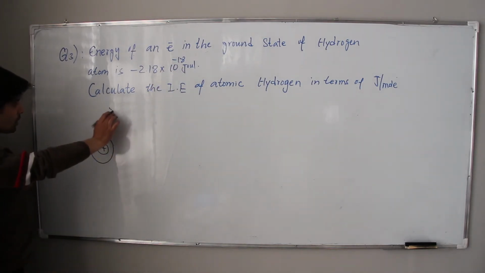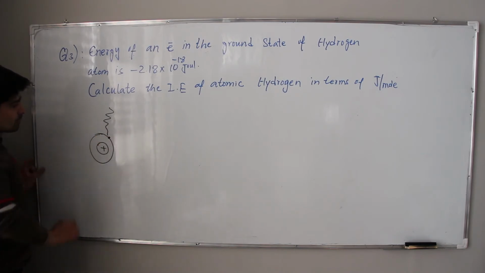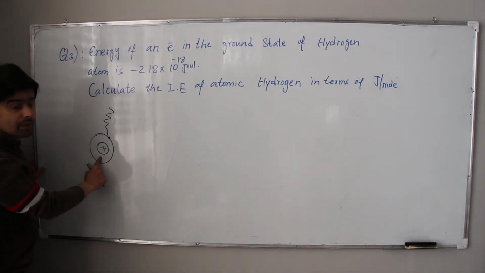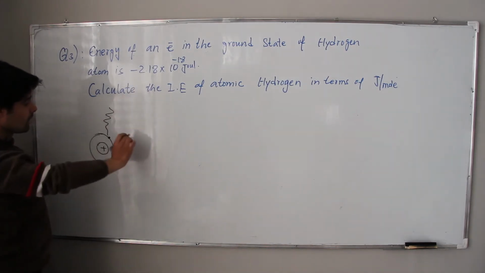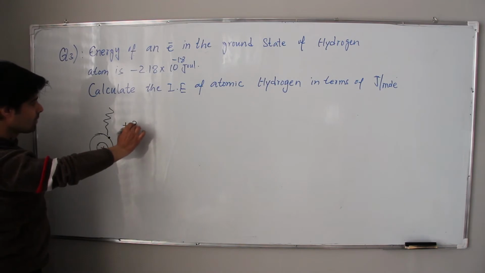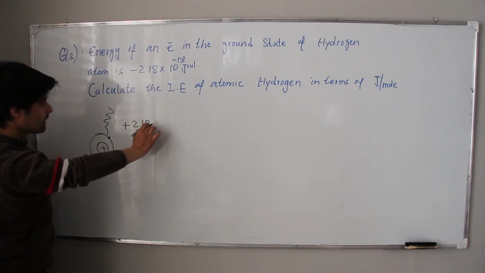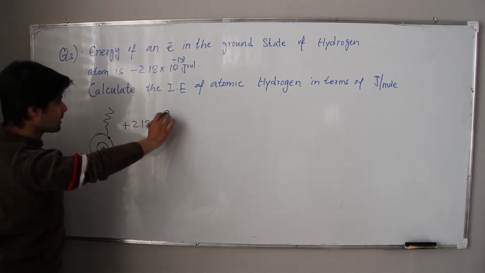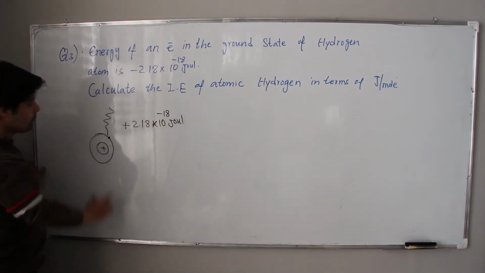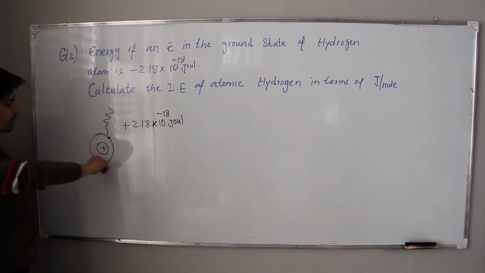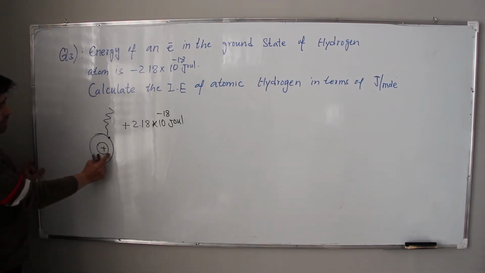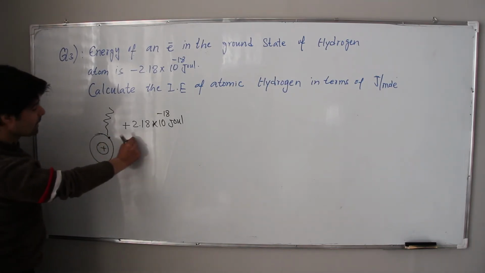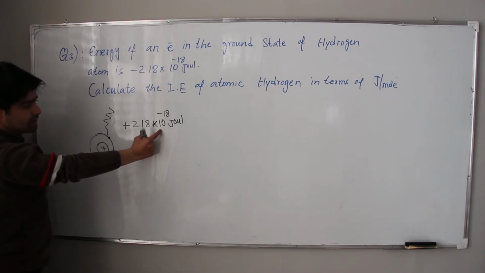If you want to remove this electron, how much energy should we give to the atom? We have to give 2.18 times 10 to the power minus 18 joule to remove the electron from just one atom of hydrogen.